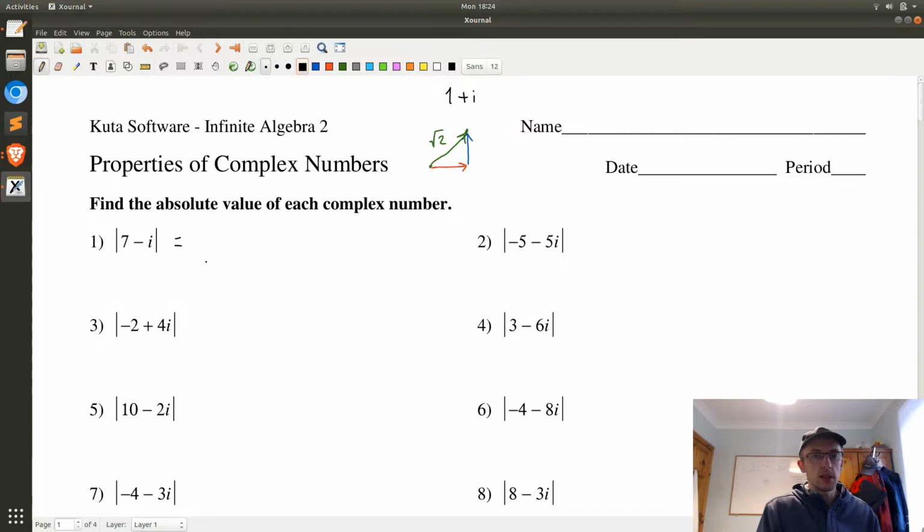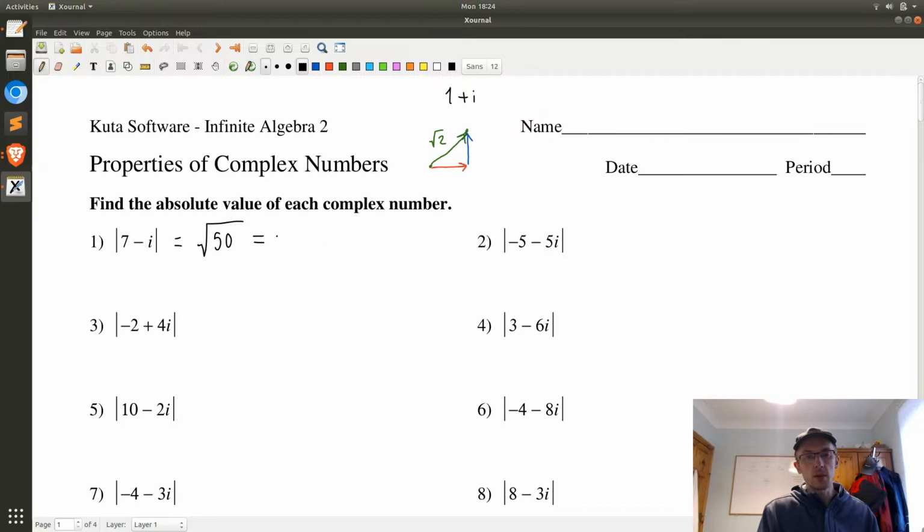But without further ado, let's try it out. It appears to be the repeated application of the Pythagorean theorem. So this, for example, is the square root of 7 squared add -1 squared, which is 49 add 1, which is square root of 50. But then you have to try and simplify this third.